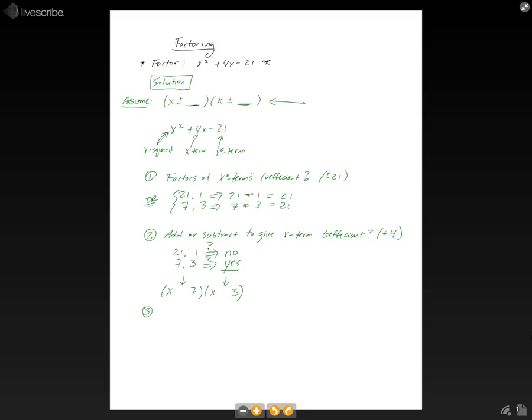The way to figure that out is to look at the sign of the x to the 0 term's coefficient, which in this case is negative.